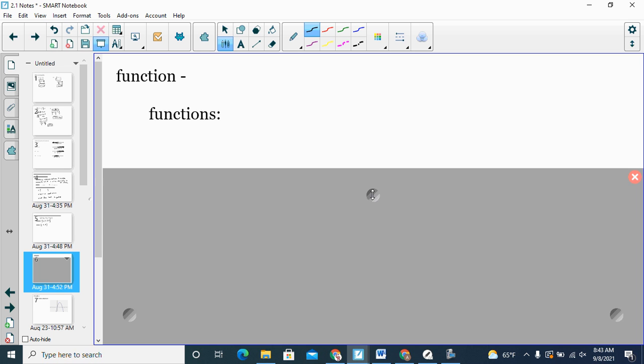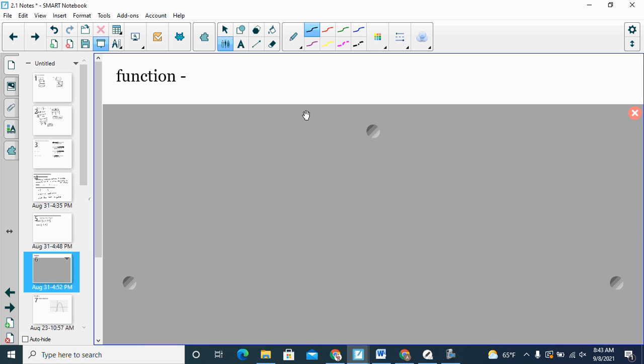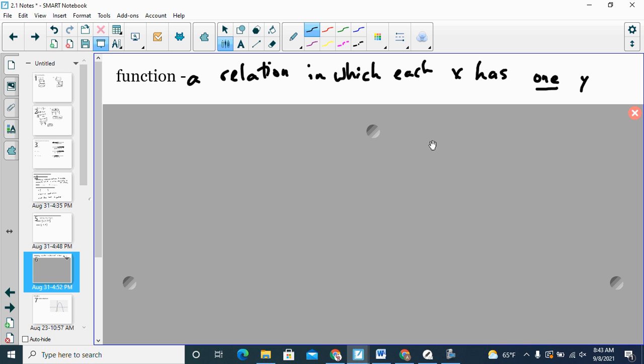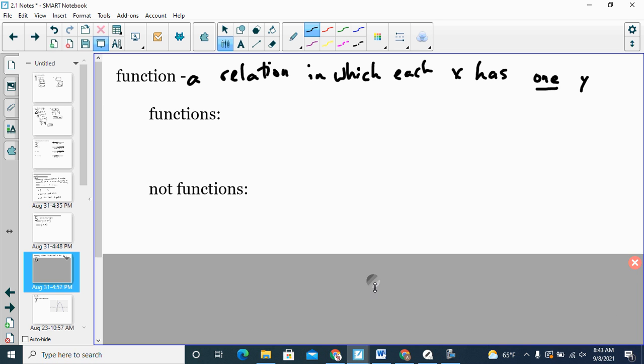A function is a special type of relation. It is a relation in which each x has one y. Each x has one y value.